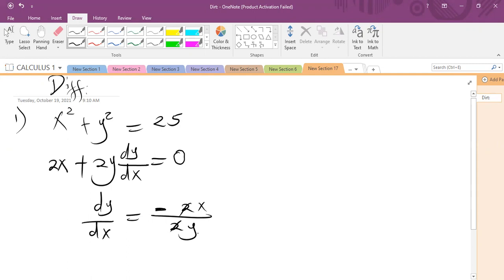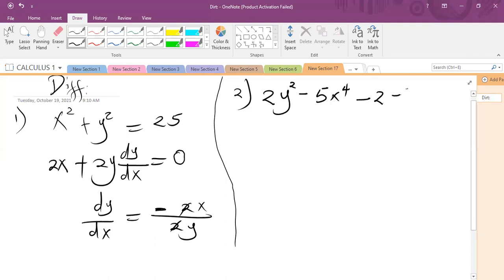Whenever you're given functions which have just been joined, let's take up another example. Let's say you have 2y squared minus 5x raised to power 4 minus 2 minus 7y cubed is equal to 0. You're told to differentiate that.